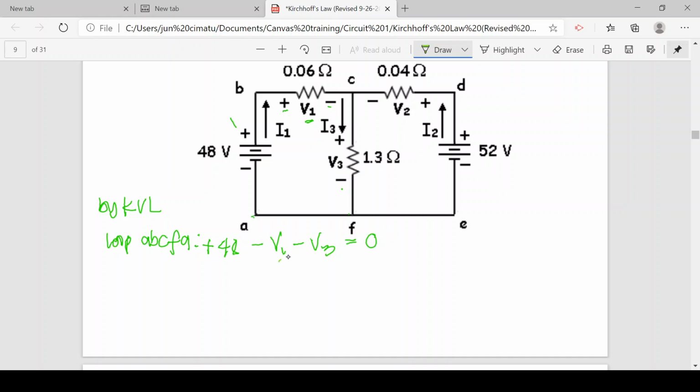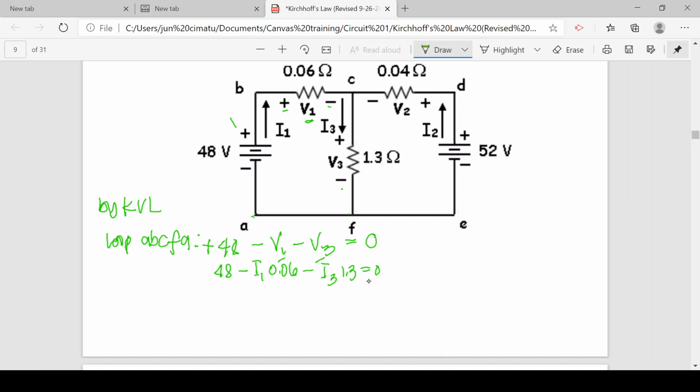So we have to replace B sub 1 and B sub 3 in terms of the current and resistance. So this would become 48 minus the current here is I sub 1 and resistance is 0.06 minus the I sub 3 and resistance is 1.3 equal to 0.